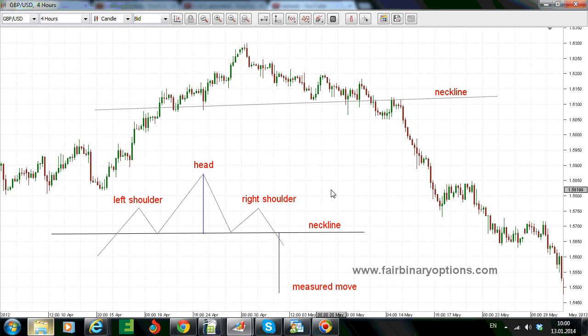If you go over the internet and look, or if you read any trading book material regarding these kinds of patterns, then this is what it is going to look like.